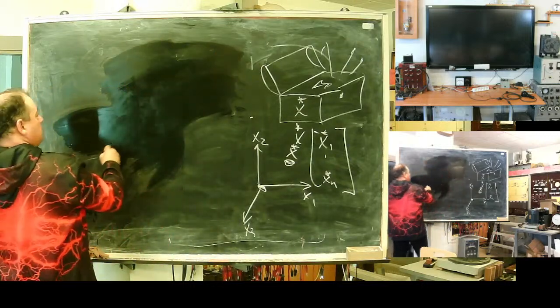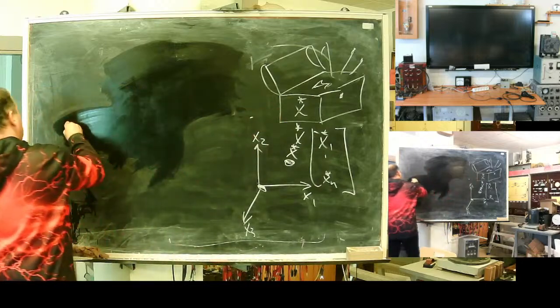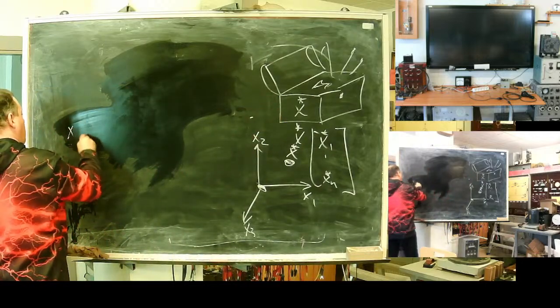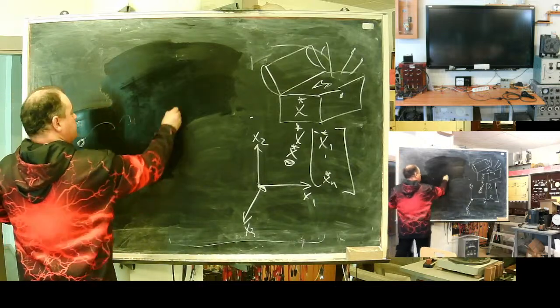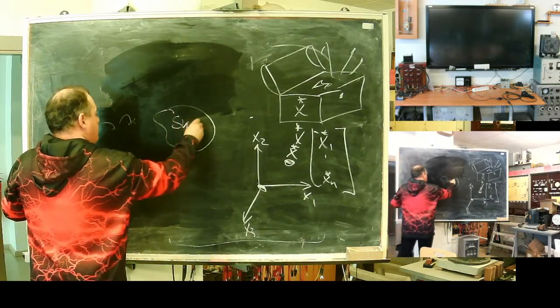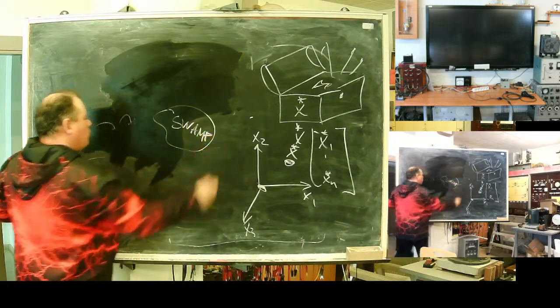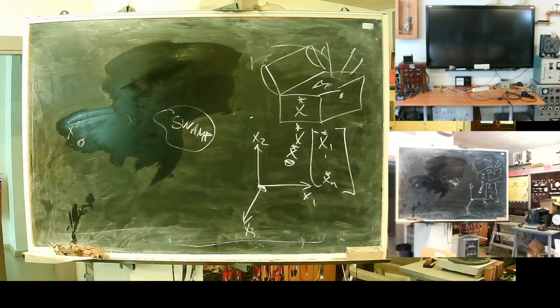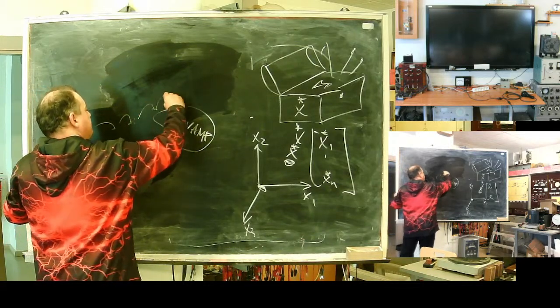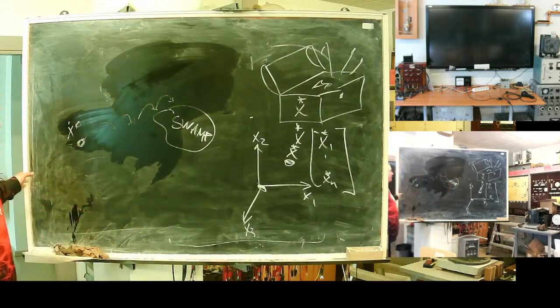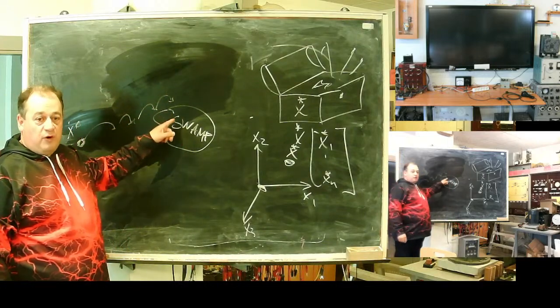Good. Here is my starting point. I make a couple of steps. Oh yes, there is a ramp on my way, so I will not go directly. I will walk around.